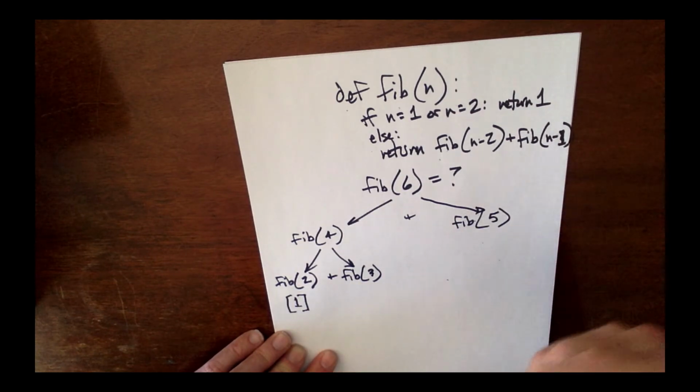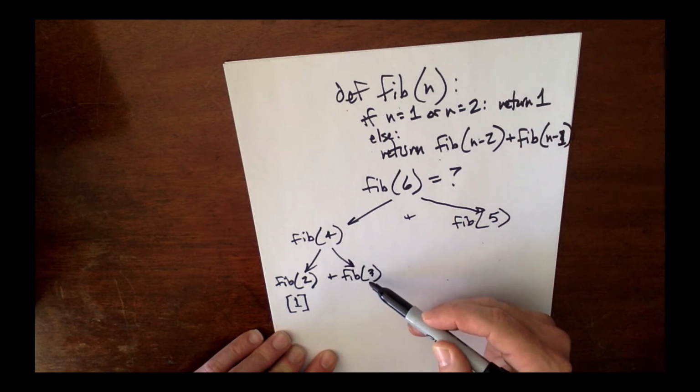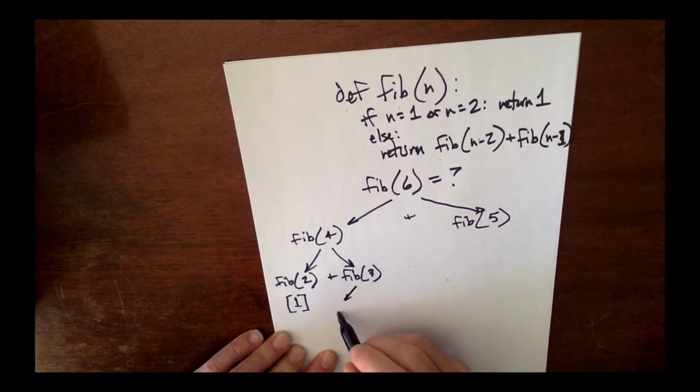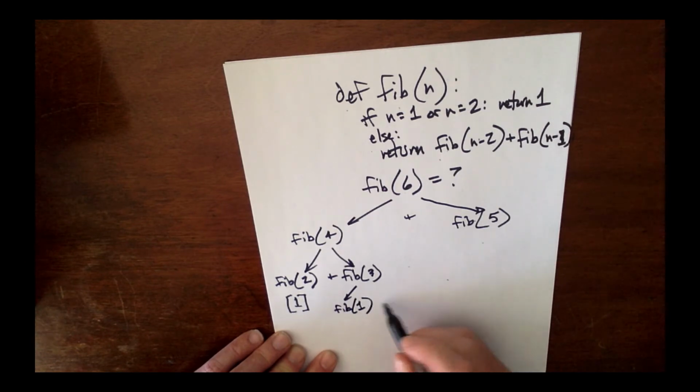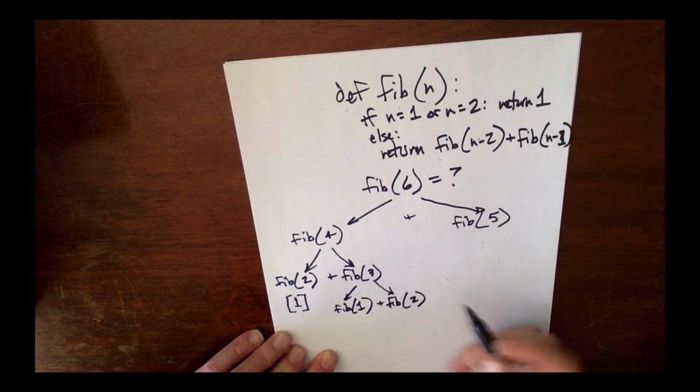And the computer, in running through this code, is going to say, okay, fine, I got that 1. Let me go in and double check this. What's Fibonacci of 3 going to be? Well, that's going to be Fibonacci of 2 before 3, or 1, plus Fibonacci of 1 before that, of 2.